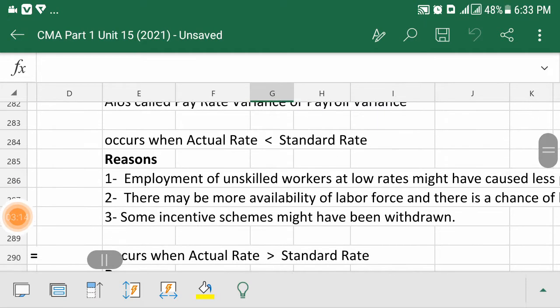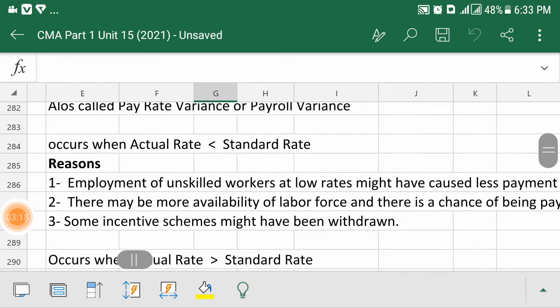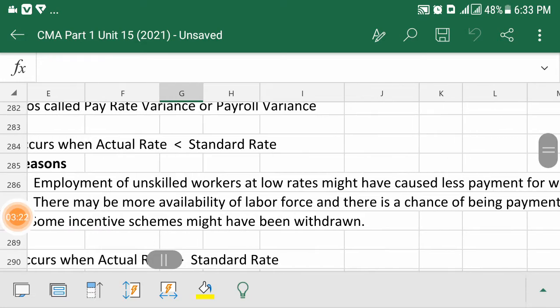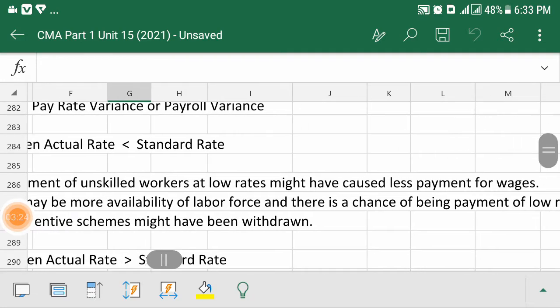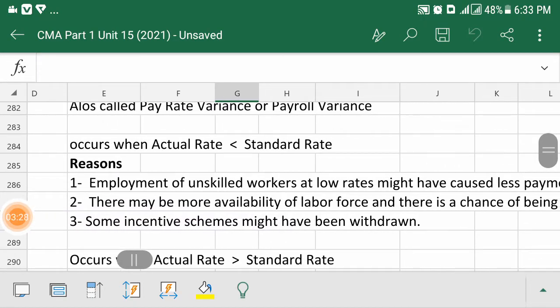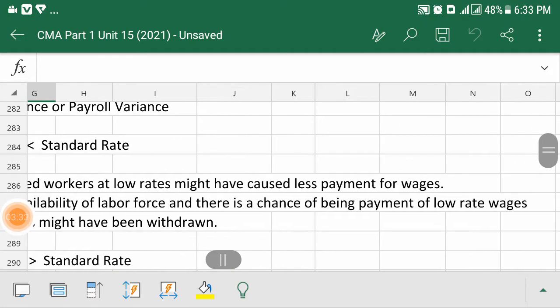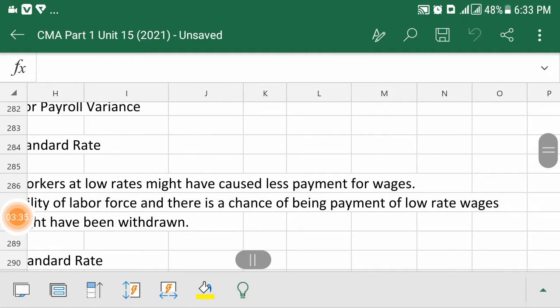Another reason is that there may be more availability of the labor force, so there is a chance of low wage rates being paid.